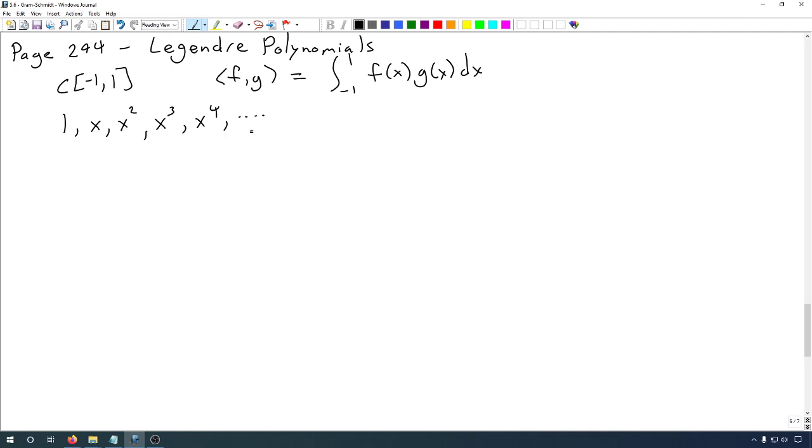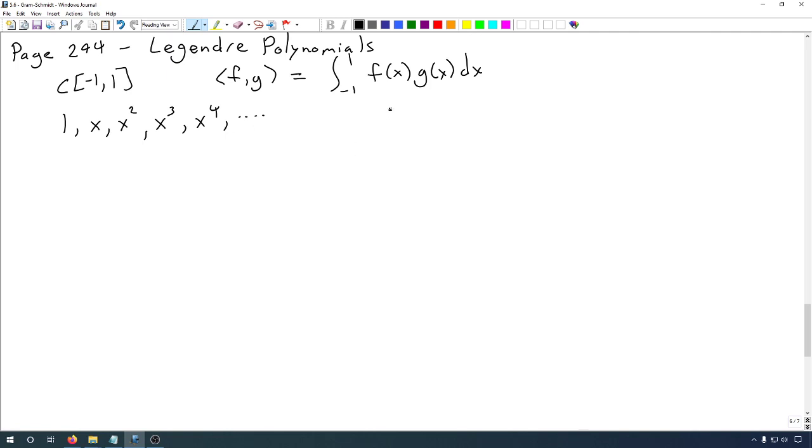These are a basis for polynomials, not the entire C[-1, 1], but for polynomials we can always use our powers as a basis. And so we're just going to start with 1 and work our way up. We won't go too far, but we'll at least get some of them.